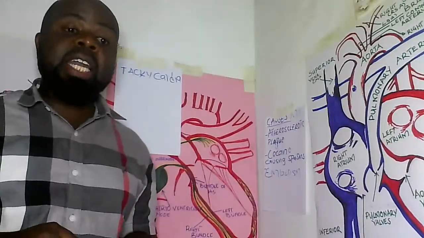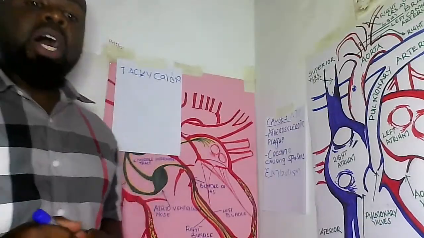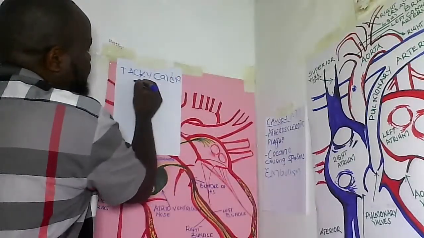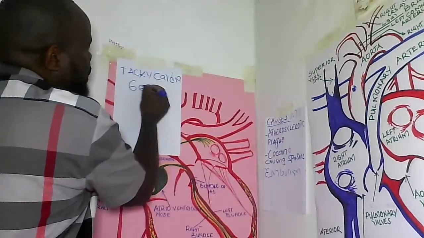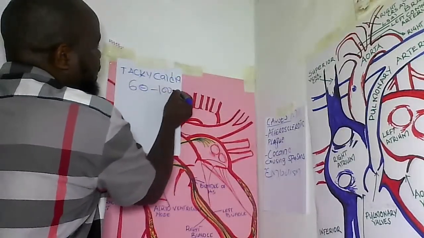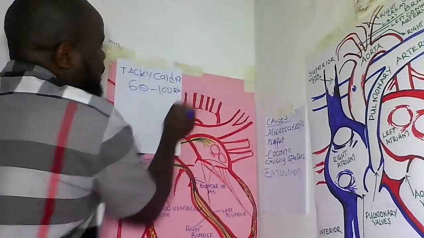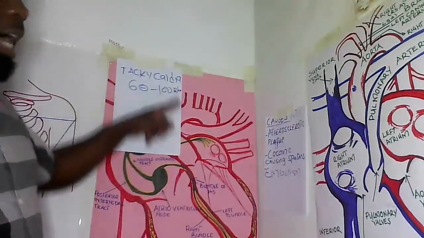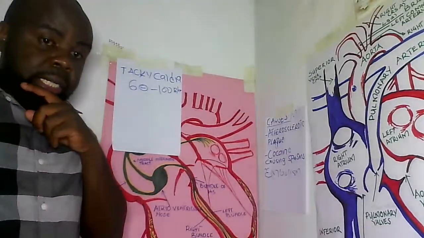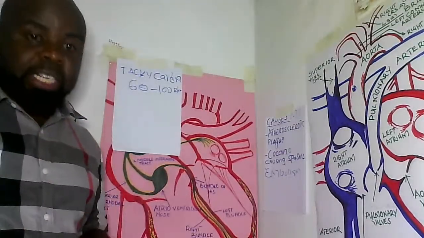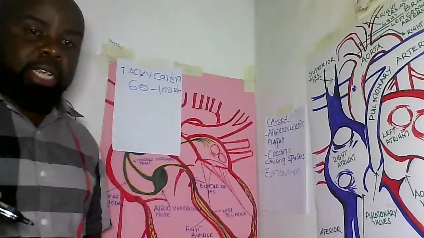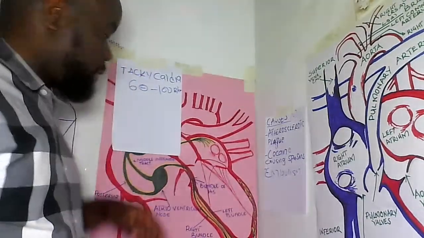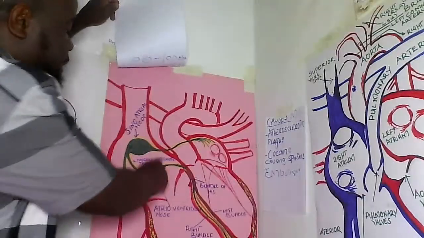Now, tachycardia is an abnormality. Your heart should be beating between 60 to 100 beats per minute. But when it goes above 100, that one is tachycardia. It's beating faster. So there are two types of tachycardia. It depends on where they are.